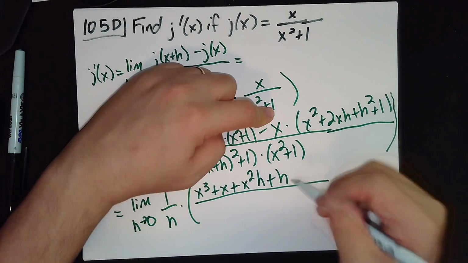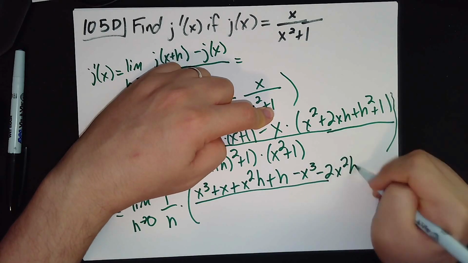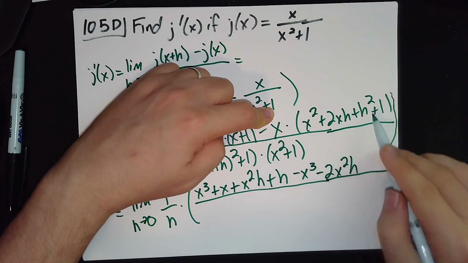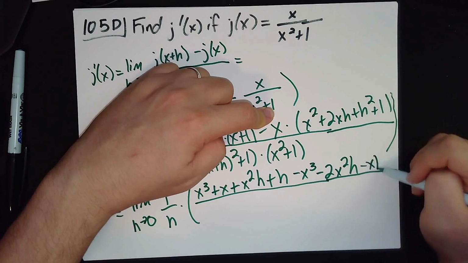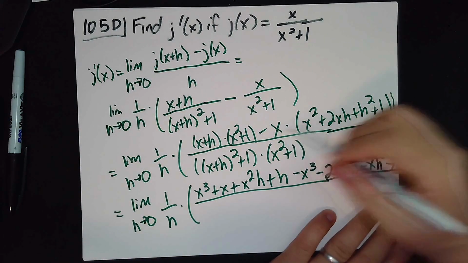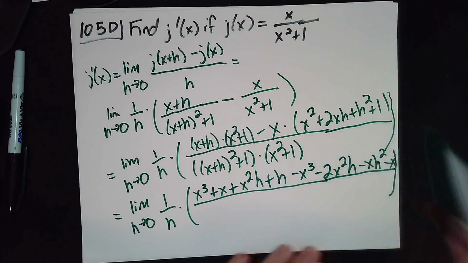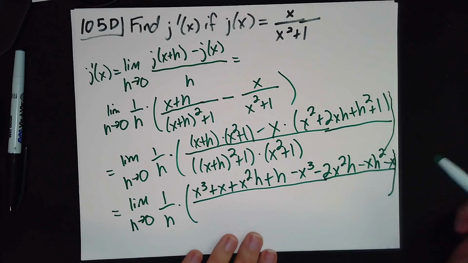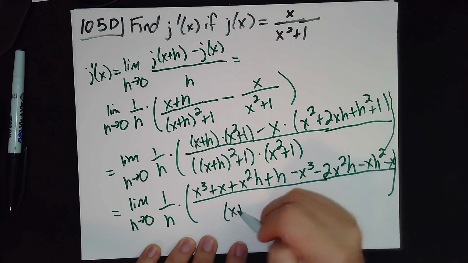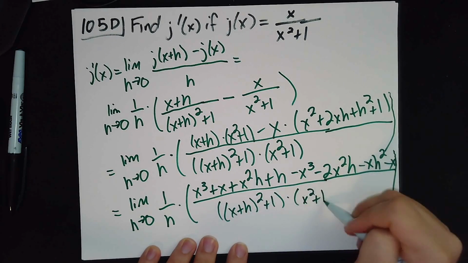And now I've got a minus x cubed minus 2x squared h minus xh squared minus x over there. When I multiply this out, again, always be careful about the minus sign with the distributing things like this, divided by x plus h squared plus 1 all times x squared plus 1.